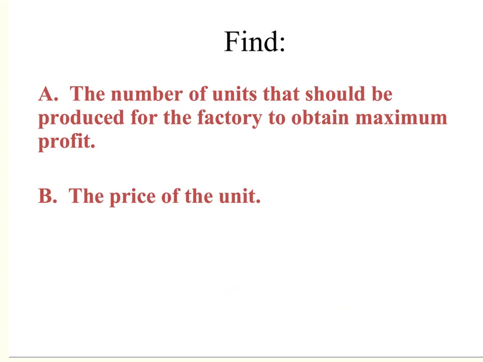So what we are going to find is the number of units that should be produced for the factory to obtain a maximum profit, and the price of the unit.